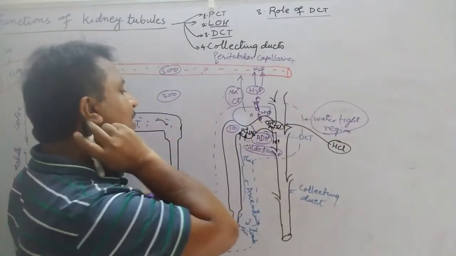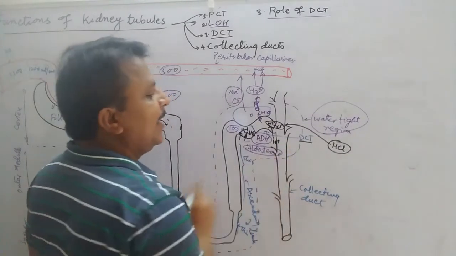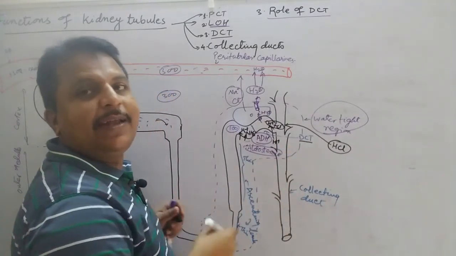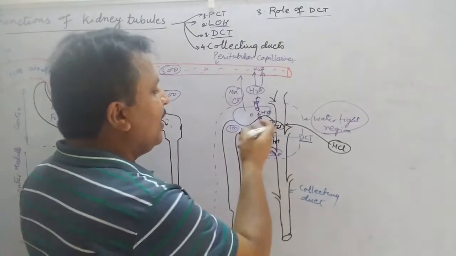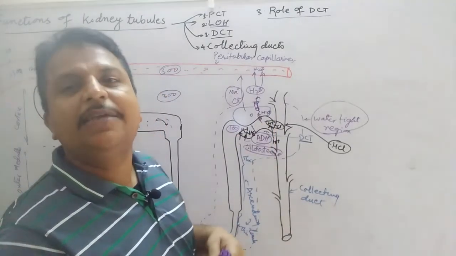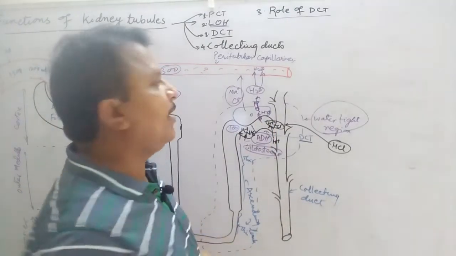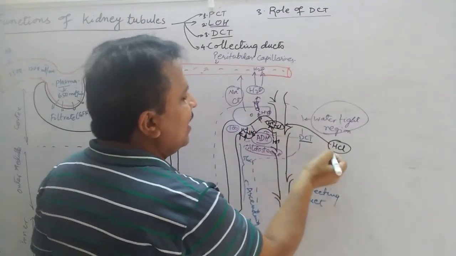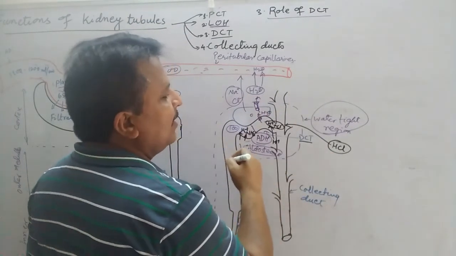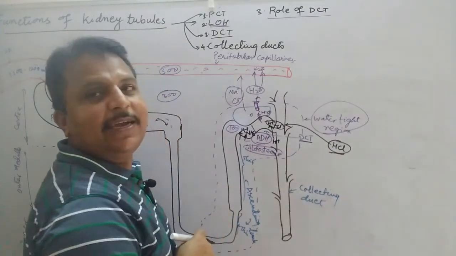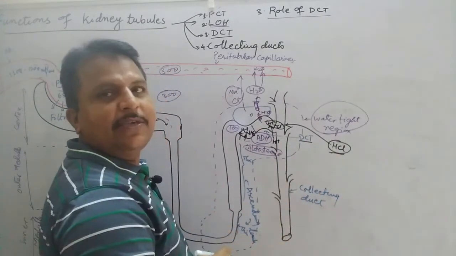So in the distal part of the DCT, we can say urine turns acidic. Here we can use the term urine: the filtrate will turn into urine, and the urine turns acidic due to formation of HCl.